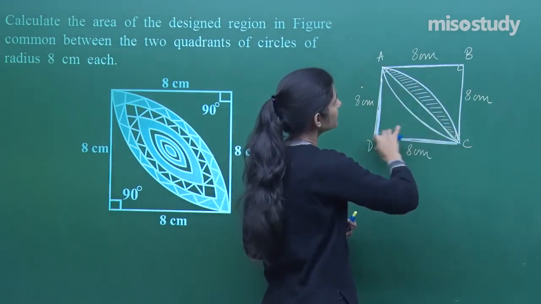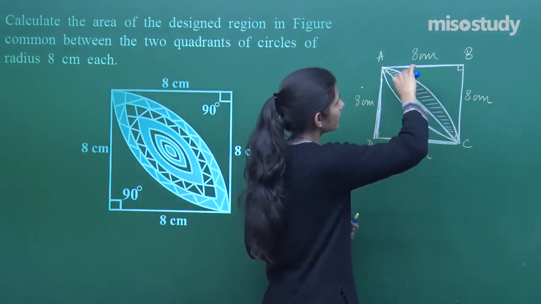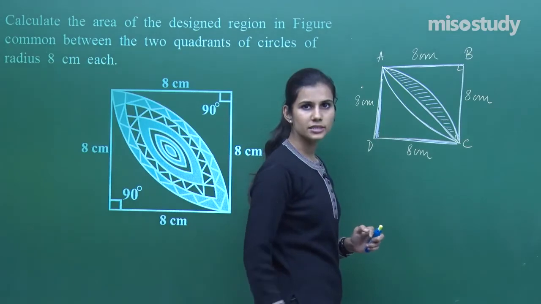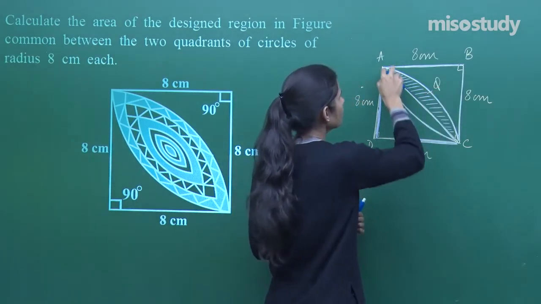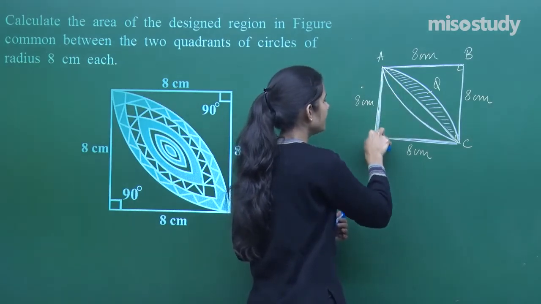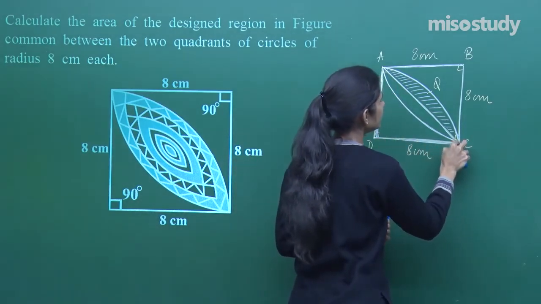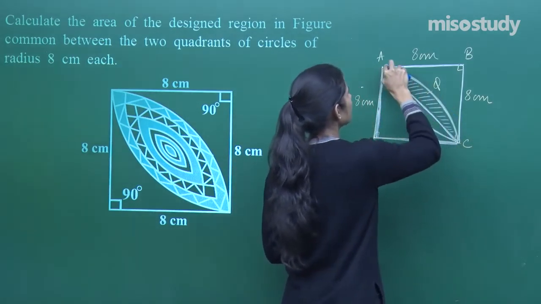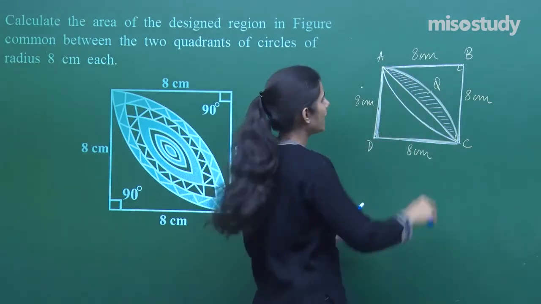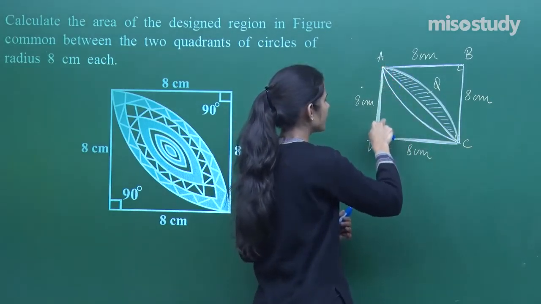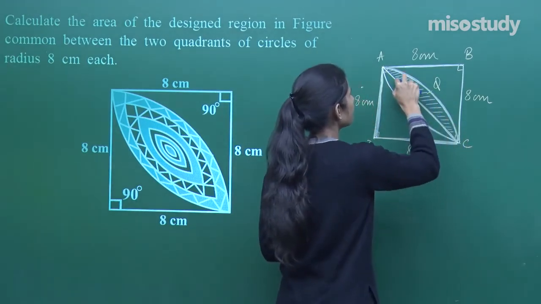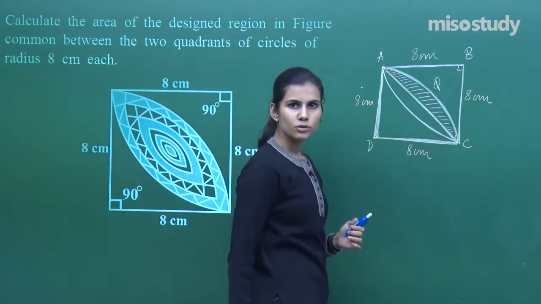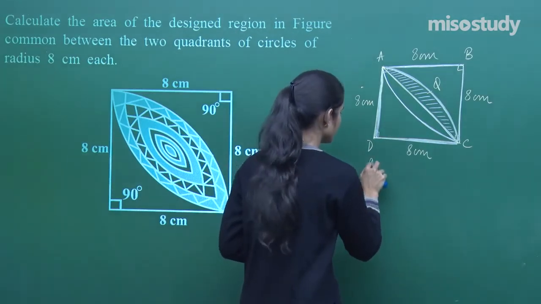From the area of this sector, when I remove the area of this triangle, I get the area of this shaded portion, isn't it? What I am saying is, from the area of the sector ADCQA, I am removing the area of this triangle ADC. I will be getting this shaded portion, right?